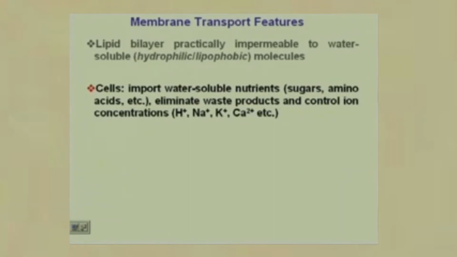This is extremely important in maintaining what is called a sodium potassium balance in our cells. So this is what the cells actually have to do, and the importing of water soluble nutrients or the elimination of waste products has to be done through these channels.